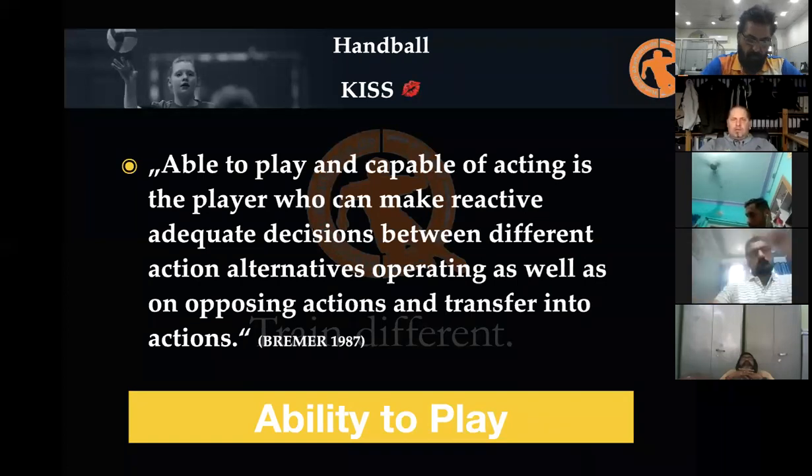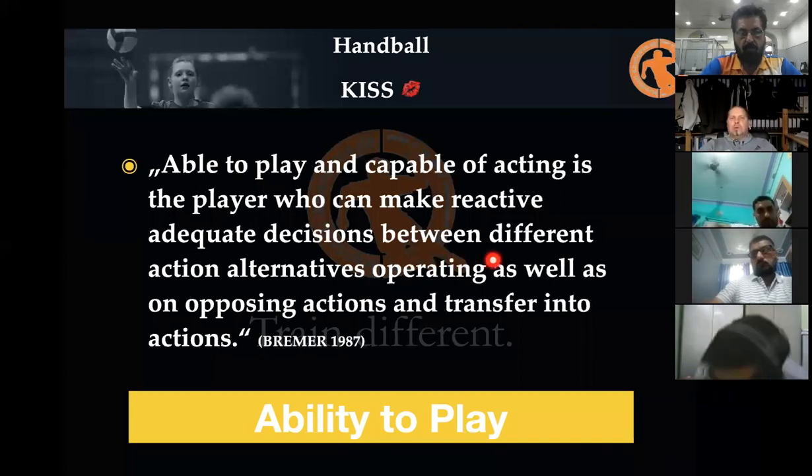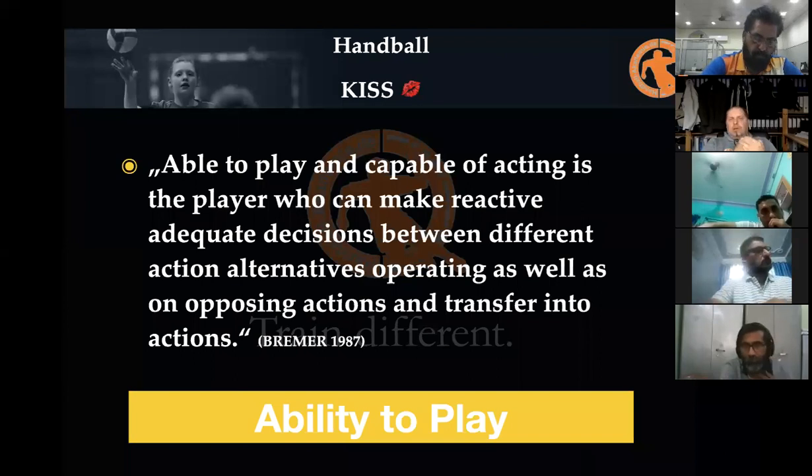And in this definition, we found out that, first of all, the technical elements, the techniques in handball are very important, because if we want the players to use different alternatives, different actions, then we have to teach those different alternatives. So if an option is to move around the defender to the right and to the left, then the player needs to bounce the ball with the right and with the left hand on the other side.